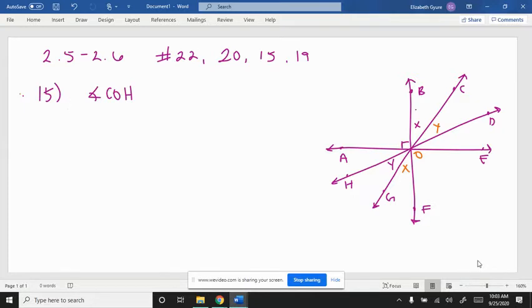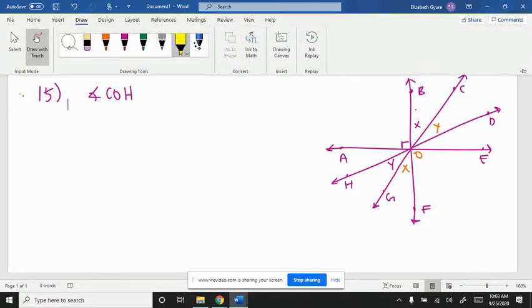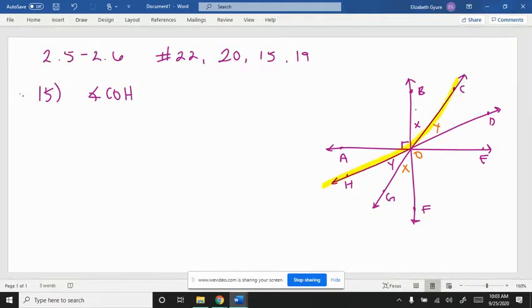So this wants a label for COH. COH, that's right here. Well, if you take a look, COH is made up of angle AOH, AOB, and BOC, right? Things I would look for is, okay, well, what do I know about these angles, or where do I maybe have some straight lines, things like that.